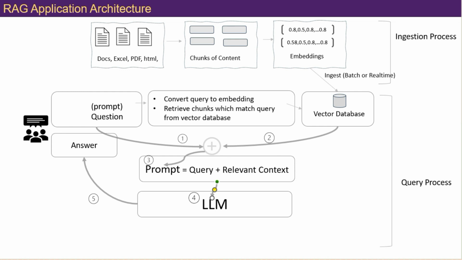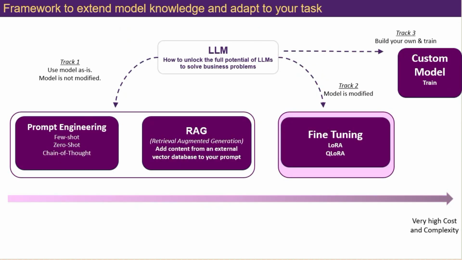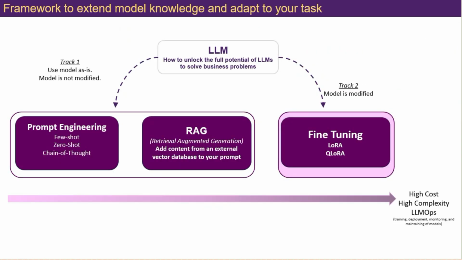All right. But as you can see, the key thing I want you to take away is that this is pretty complex. Even though we are not changing the model, it involves setting up hardware and software stacks, and it takes quite some amount of work. As I said over here, we are going up in complexity, we are going up in cost, but the accuracy is also going up.